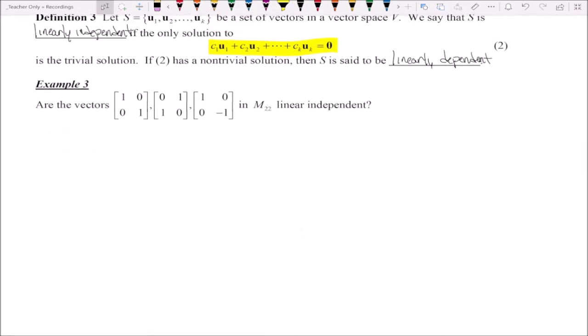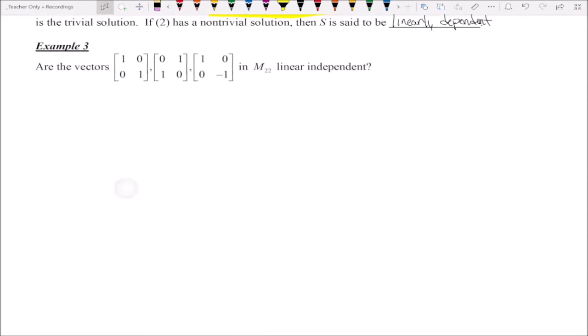So we're looking here at 3 vectors in the vector space M22. We're asked if they are linearly independent. All right, so remember, M22 is the set of all 2 by 2 matrices. So we want to check the solution to this system.